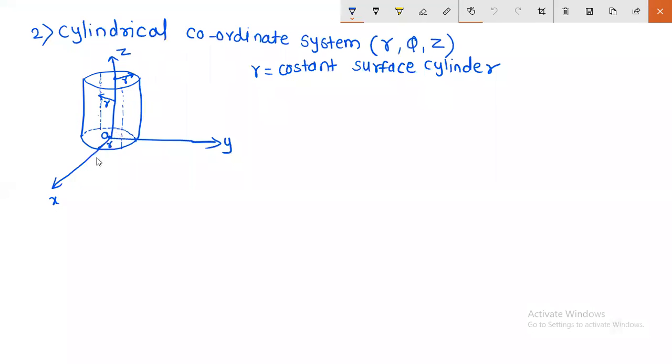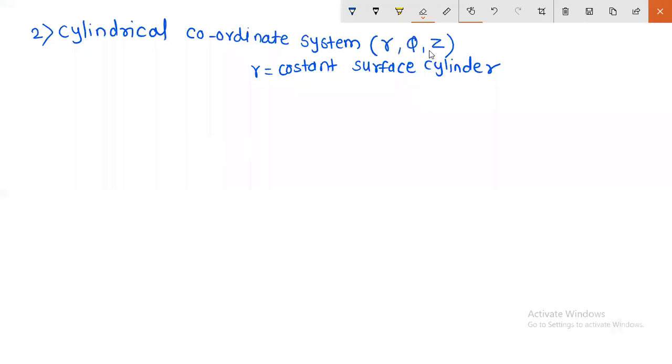Okay, so all of you understand that this is one cylinder. Imagine one cylinder. At least you know that, right? So consider that the cylinder is placed in the X, Y and Z axes.